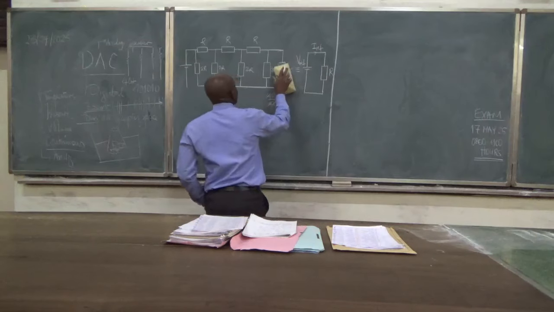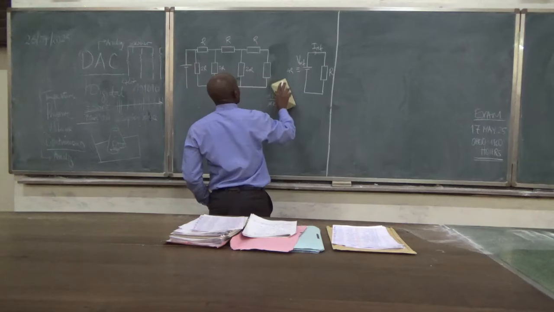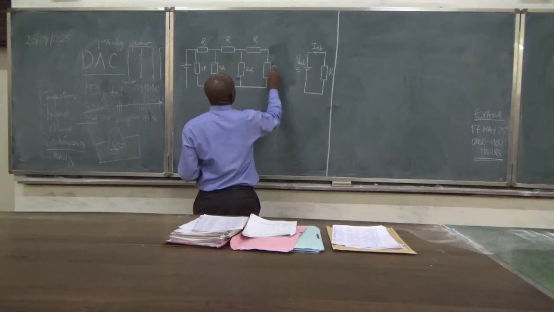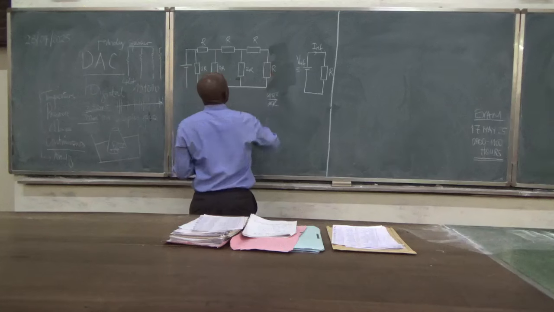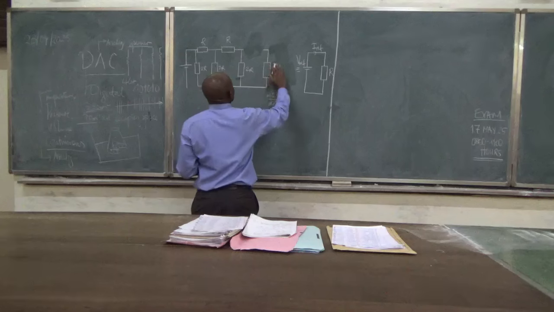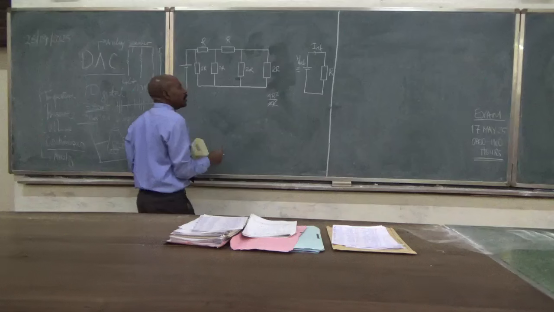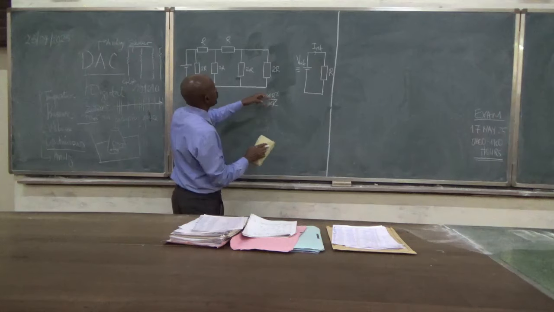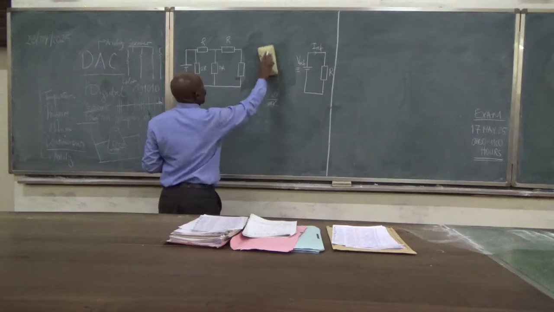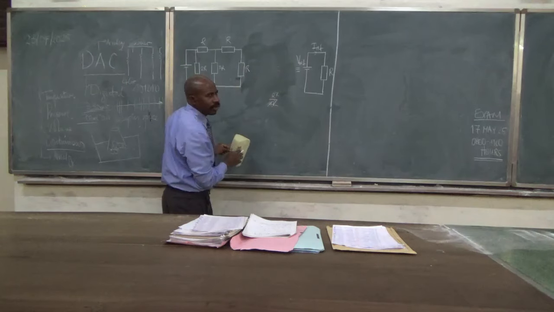So I will rub off this. And then this one is R, and then it becomes 2R, and then this one gives us R, is that okay?